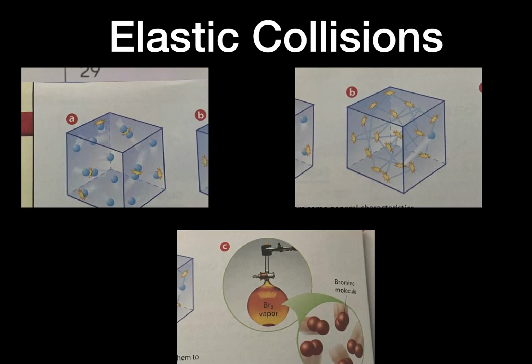Okay, so we see some pictures here, some diagrams of elastic collisions. In these figures, these gases all share some general characteristics. If we look at part A here, the rapid constant motion of particles in a gas causes them to collide with one another and with the walls of the container, like we talked about in the previous slide.